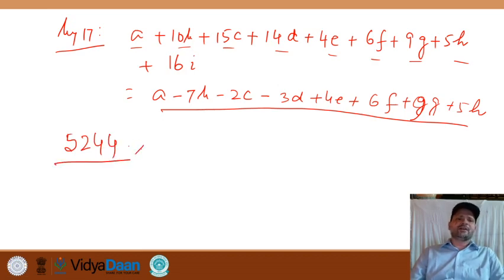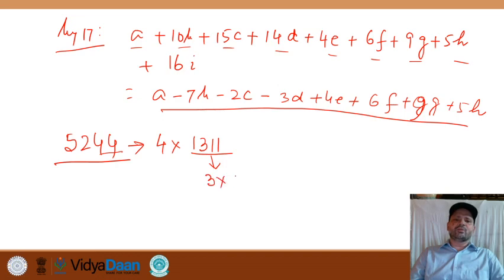Now you see in this number, this is divisible by 4, but before that there is an odd even number, so it will not be divisible by 8. So it is divisible by 4, let it be 4. Then comes 1311. Now 1311, if you look at it, is divisible by 3. So 1311 will be 3 into 437.